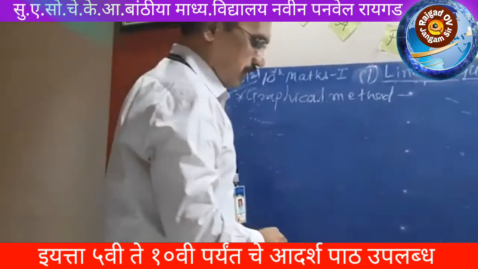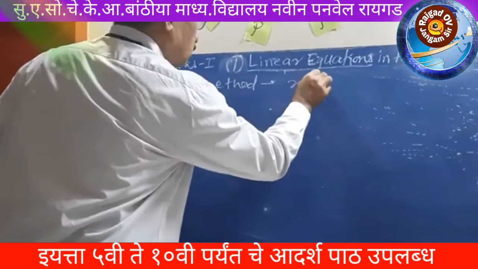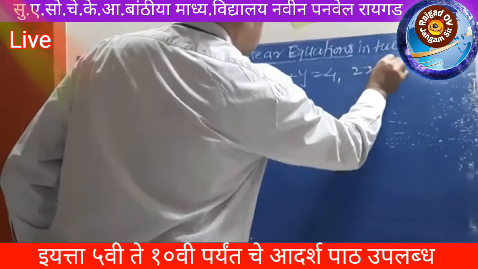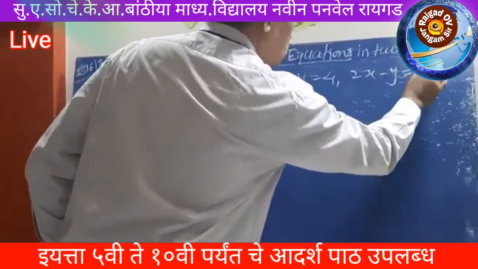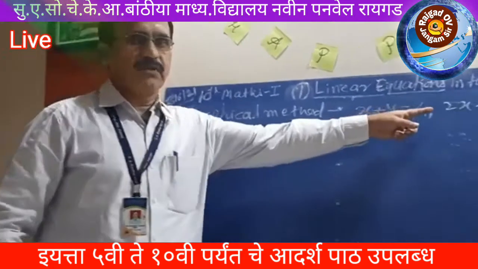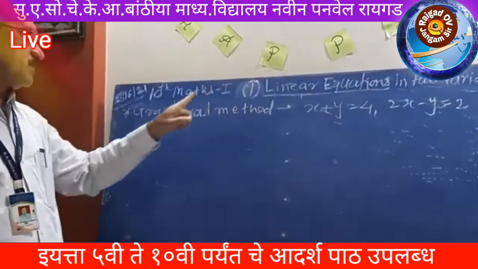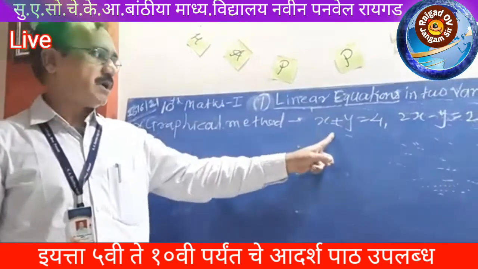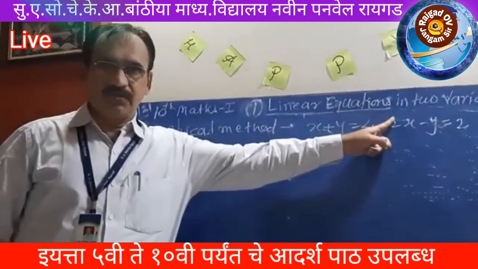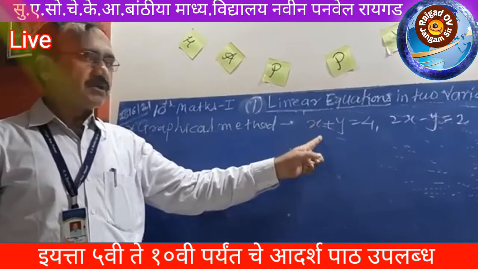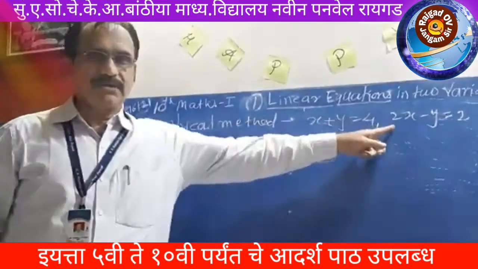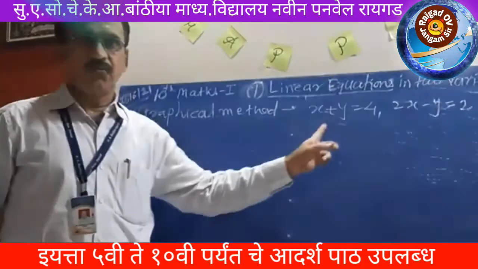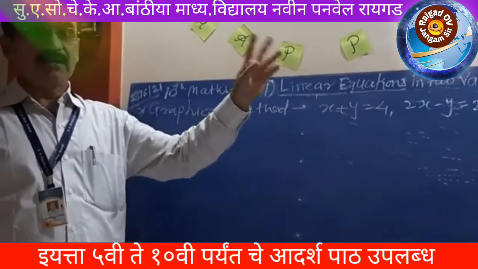If two equations are given, x plus y is equal to 4 and 2x minus y is equal to 2, and we have to solve these two equations by the graphical method, first we have to prepare the chart, prepare the coordinates of this equation and coordinates of this equation. If we plot these points on graph paper, then there are two lines.